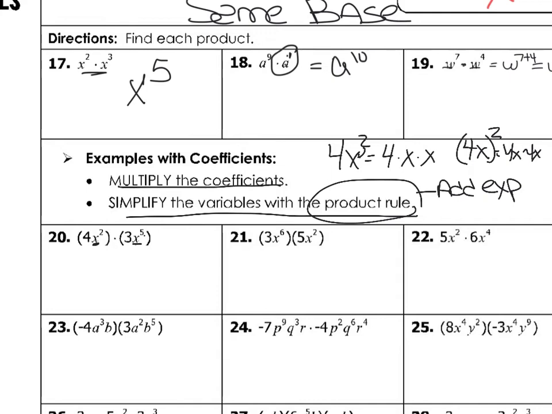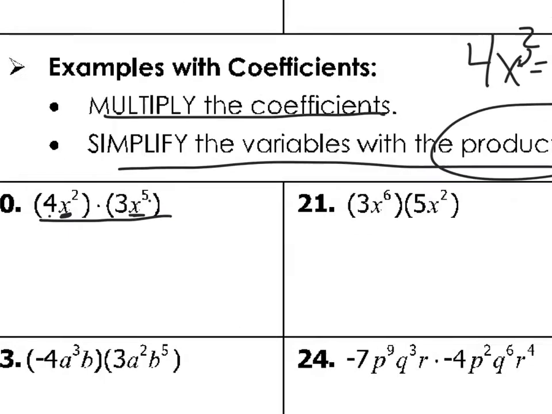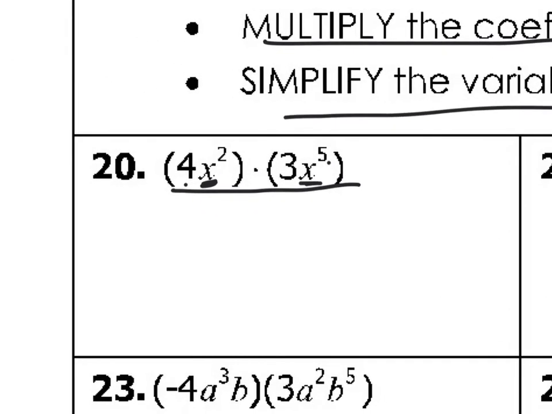So let's do this one in expanded form so you can see. If I was to write this in expanded form, it would be 4 times x times x, and we're multiplying the 3x to the 5th, 3 times x times x times x times x times x, so there's 5 x's.